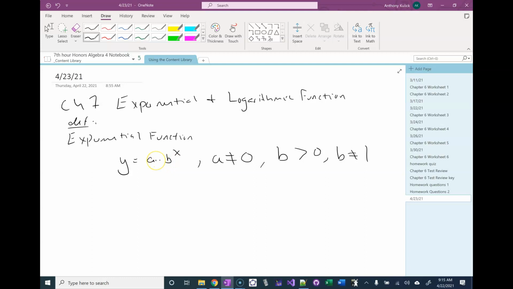We don't want to call constant functions exponential functions. If b equals 1, 1 to any power is just 1, so this just simplifies down to a. So that's a constant function also, and we don't want to include that.